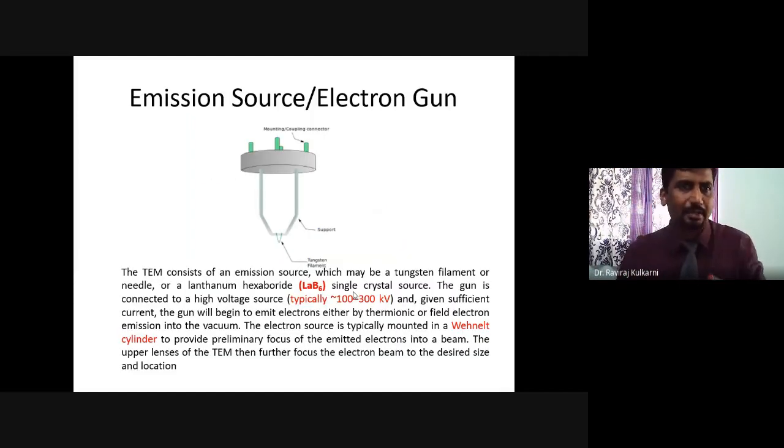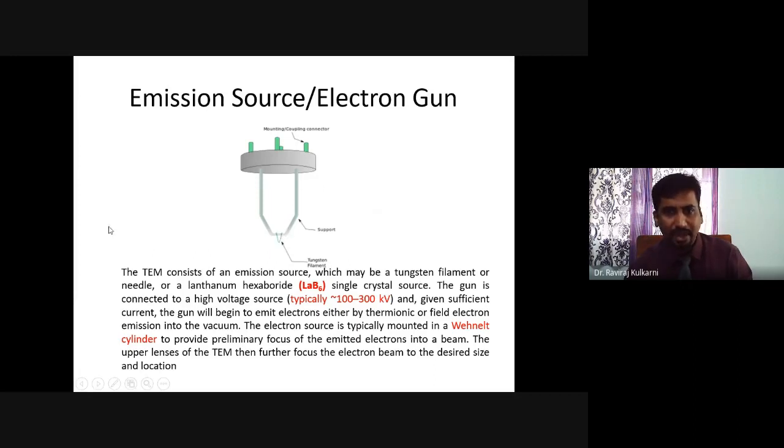I'll discuss a little bit about the emission source, or electron gun. The structure is like this. These are mounting connectors, and this is a support. We use a small tungsten filament, or a needle, or a lanthanum boride single crystal source, which emits the electrons.